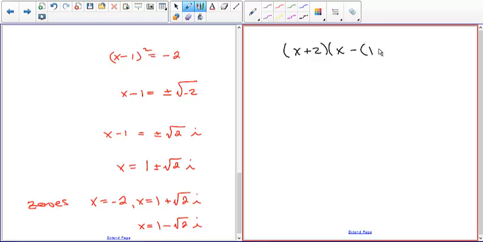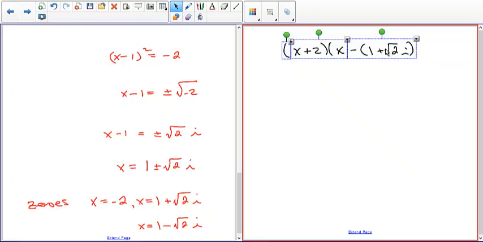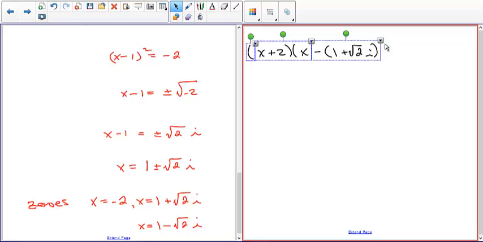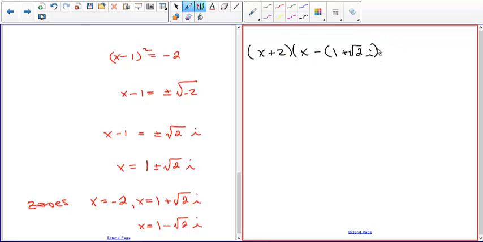So you have 1 plus the square root of 2i. So that's one factor. And then the third factor is going to be 1 minus the square root of 2i. Okay, so that's the original function.